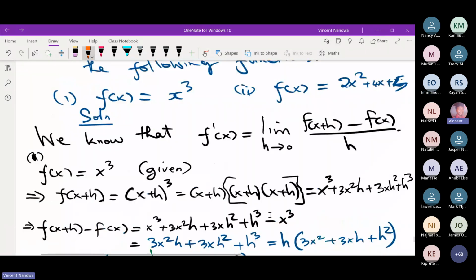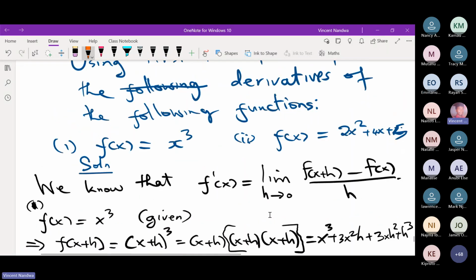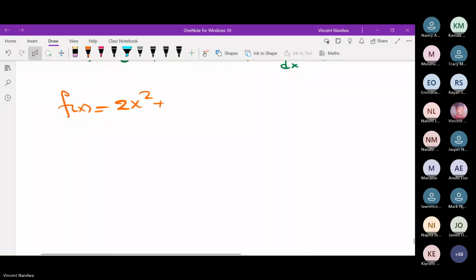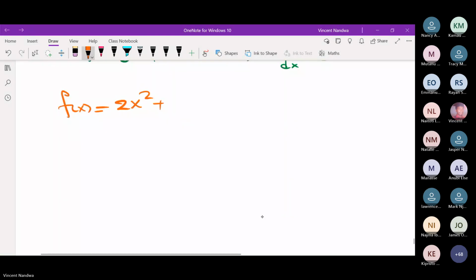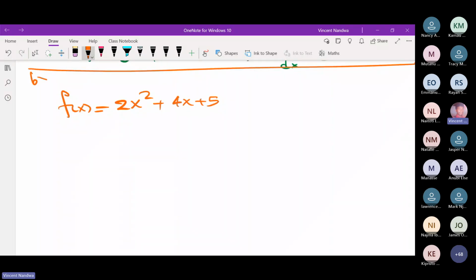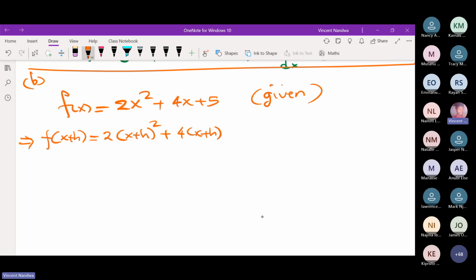So f of x is given by 2x squared plus, is it 4x? 4x plus 5. So this is part B, so this is what is given as the function. So this implies f of x plus h will be 2 into x plus h squared plus 4 into x plus h plus 5.